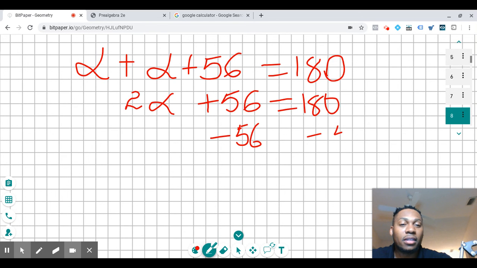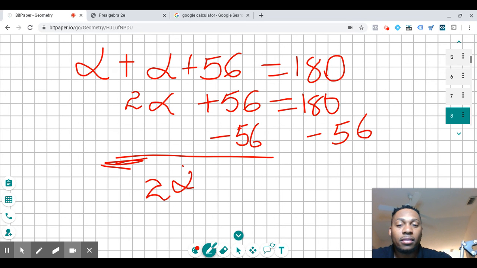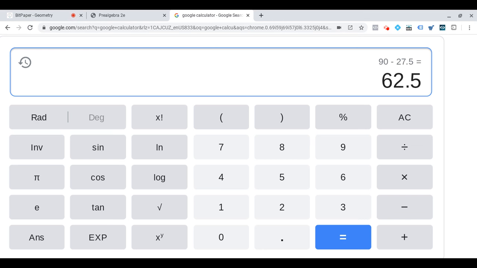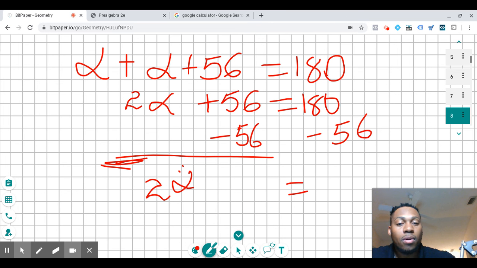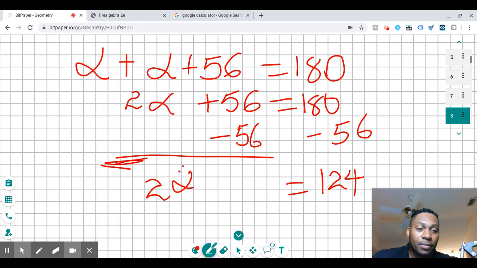On this side, I have 2 alpha. On the other side, I have 180 minus 56, which is 124. So now, how do I solve for alpha? Divide both sides by 2.